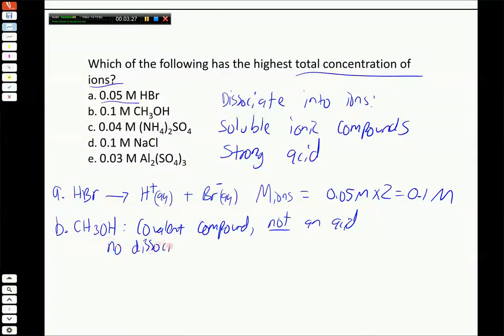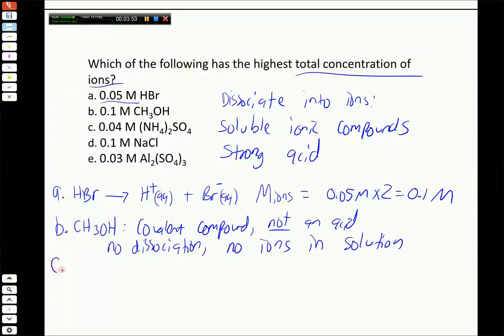So there will be no ions in solution, and the concentration then would be 0 molar. Alright, so this compound does not separate into ions when you dissolve it because it's not an acid. It's not even a weak acid, it's just a neutral covalent compound. And so when you dissolve this in water, the molecule stays intact, you don't have any ions in solution, and so the concentration would be 0.